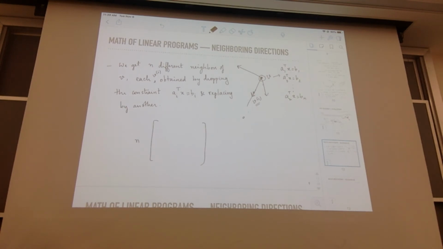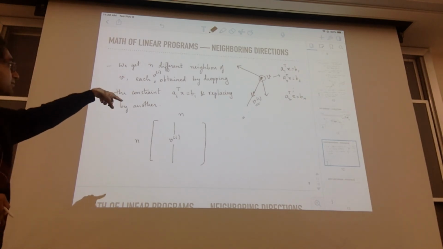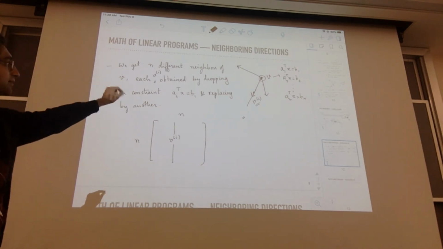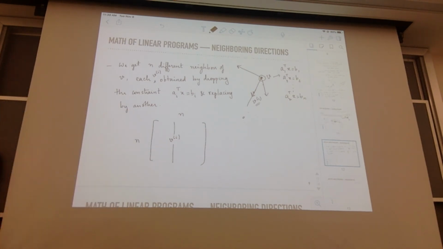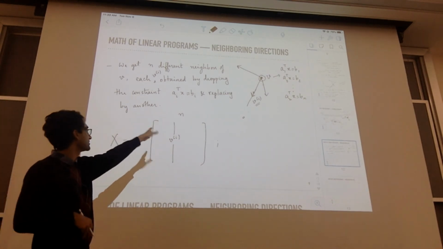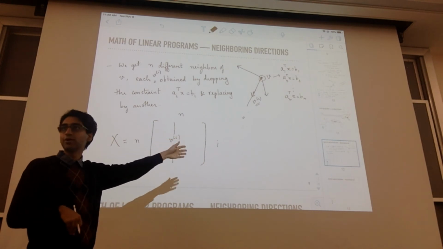This is an n by n matrix, and the ith column of this is V sub i. So this is the direction starting at this point V. Let's call this matrix X. Now at this point I've just defined the V's, I'm just constructing a matrix where the V's are the column vectors.